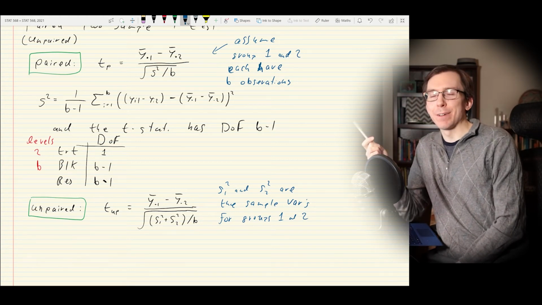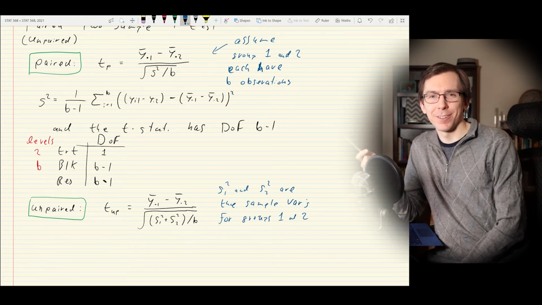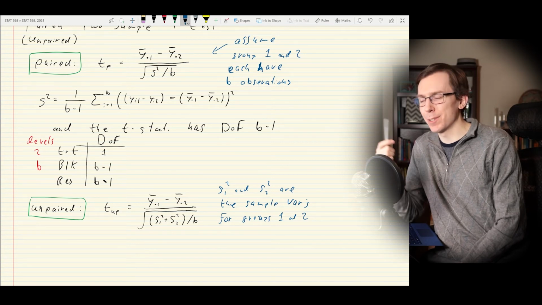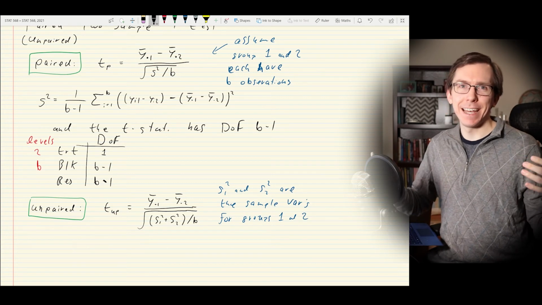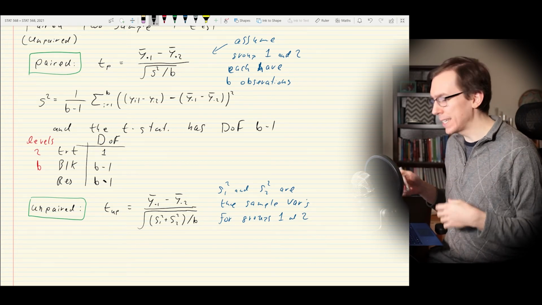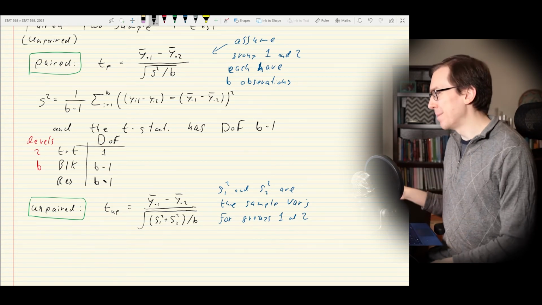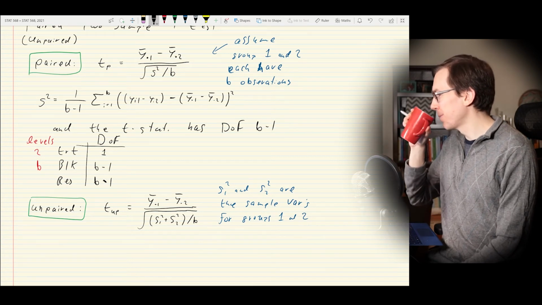Now, there are a couple of other t-tests out there, for non-homogeneous variances and unequal sample sizes. In this case, we're assuming homogeneous variance and the same sample size as before, where each sample size is b, just to make things easier.